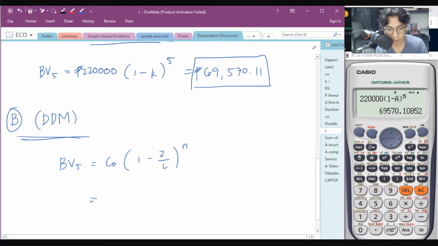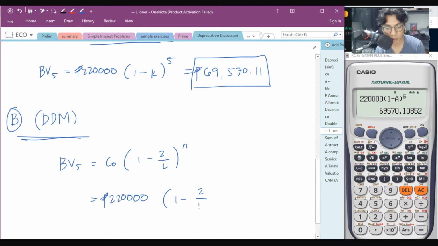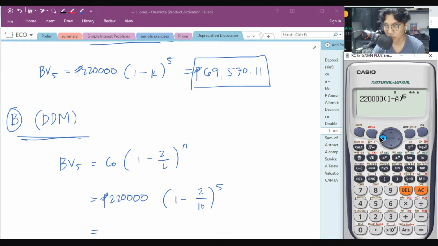Malapit kayo yung value niya. Try natin. 220,000 pesos. Okay. CO. 1 minus 2 over the useful life is 10 raised to the 5th power. Malapit siguro ang value niyan. 1 minus 2 divide by 10.